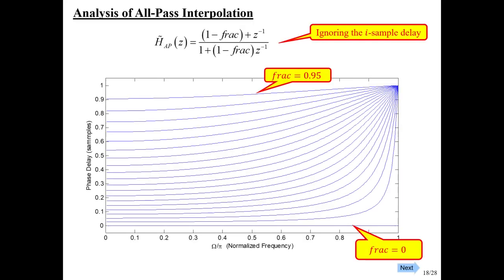Let me just comment on it here. So this is a frac of 0.95, but the delay that we're getting is just a little bit above 0.9. And then this should be 0.9 here, and it ends up being just a little bit above 0.8. So things don't line up quite right.